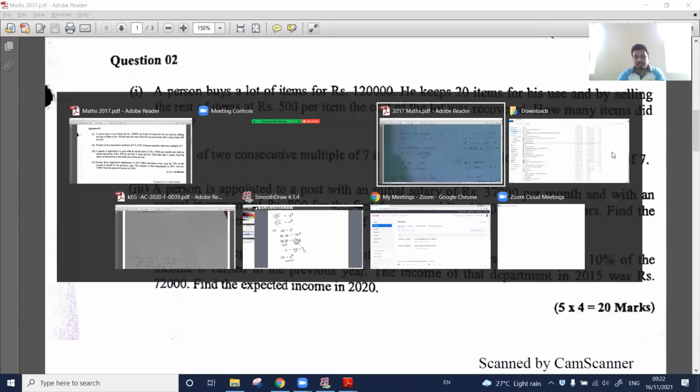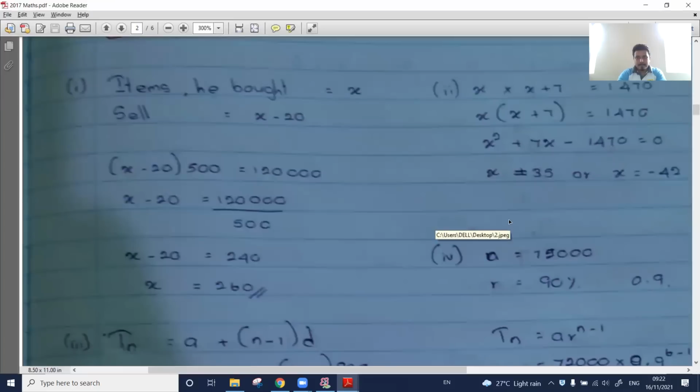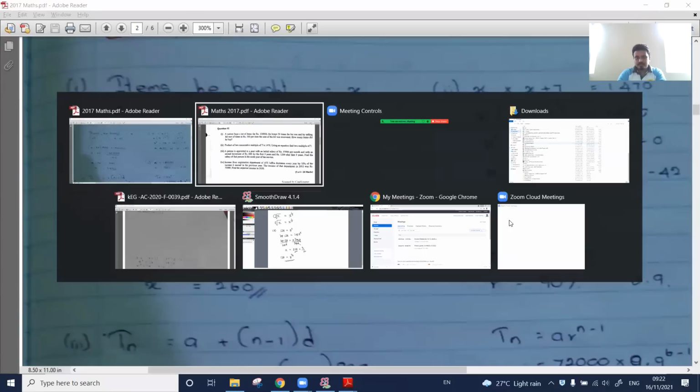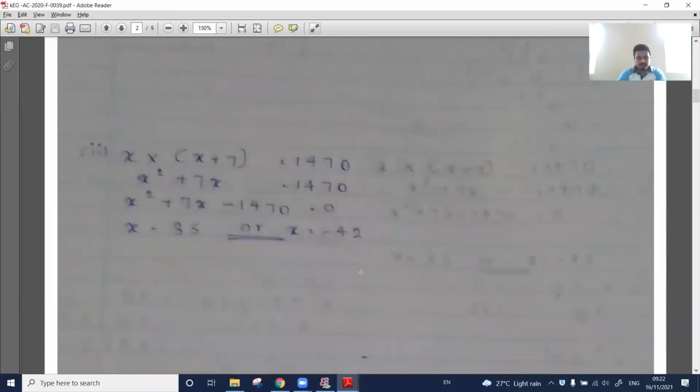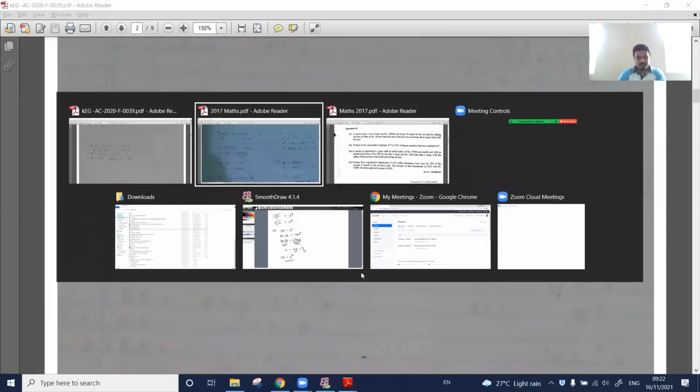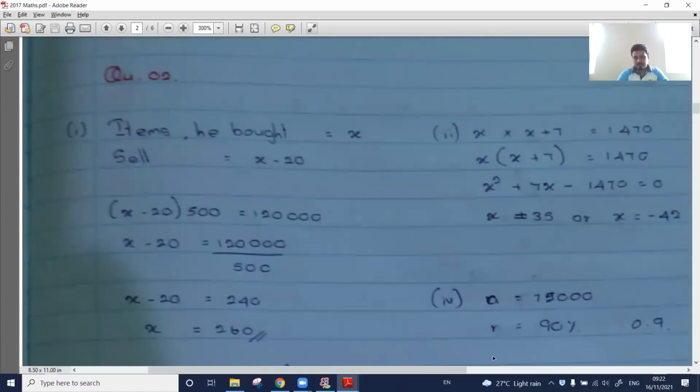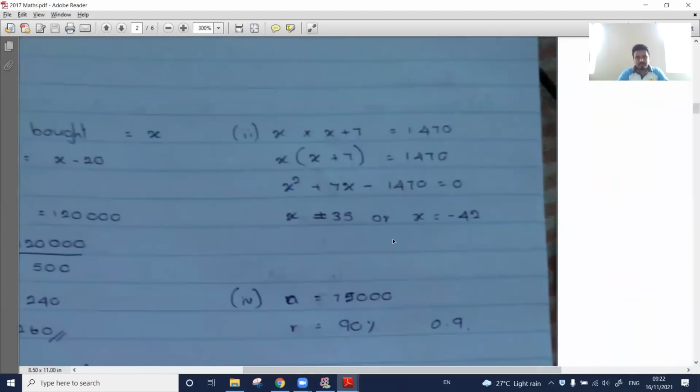How have you done that? Multiples of 7. If we assume the first multiple of 7 as x, then what should be the next one?